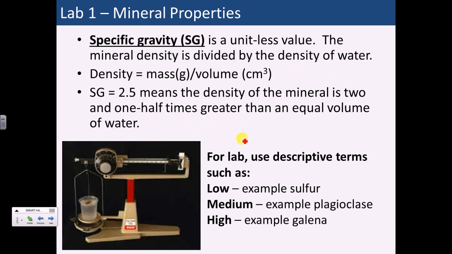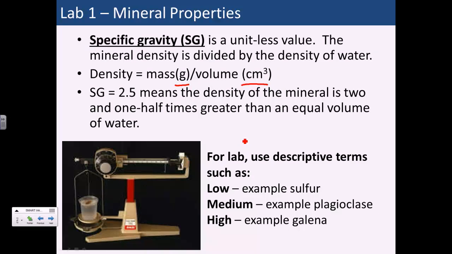One of the things you're going to have to do for all of these samples is to evaluate the specific gravity of a mineral. Now, specific gravity is the density of a mineral, and density is mass divided by volume, measured in grams per cubic centimeter. It's going to be the density of the mineral divided by the density of water.